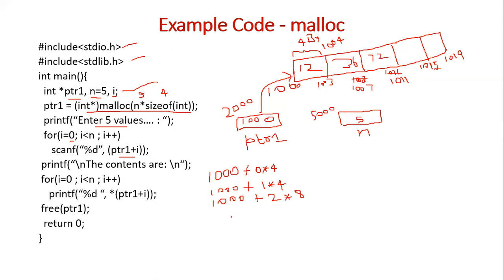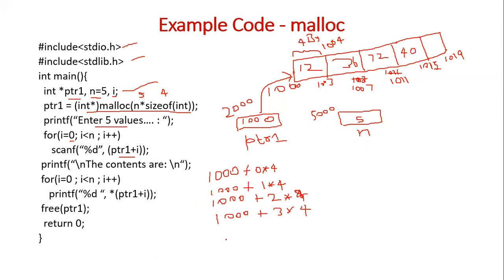Then the fourth, it is i is equal to 3, because the loop starts with 0. So the fourth value's index is 3. So 2 into 4 is 8. 3 into 4 is 12. So 1012. So here the next value is, say, 40.